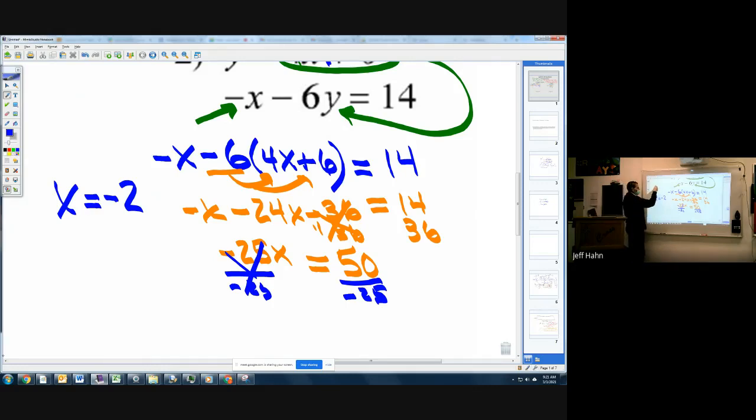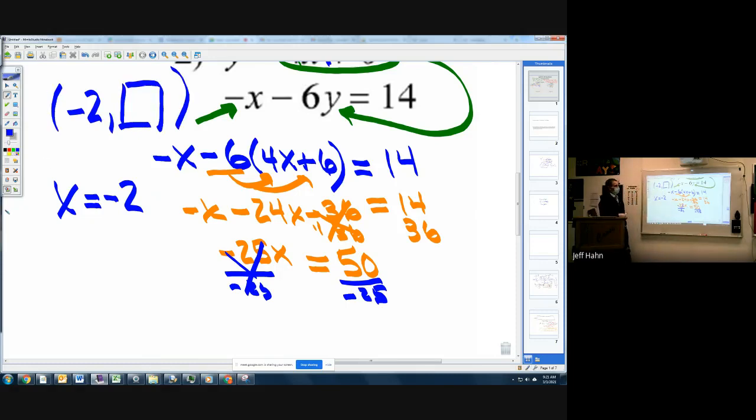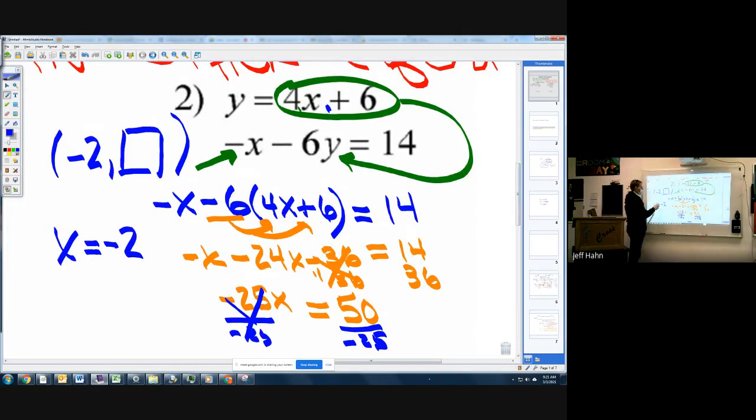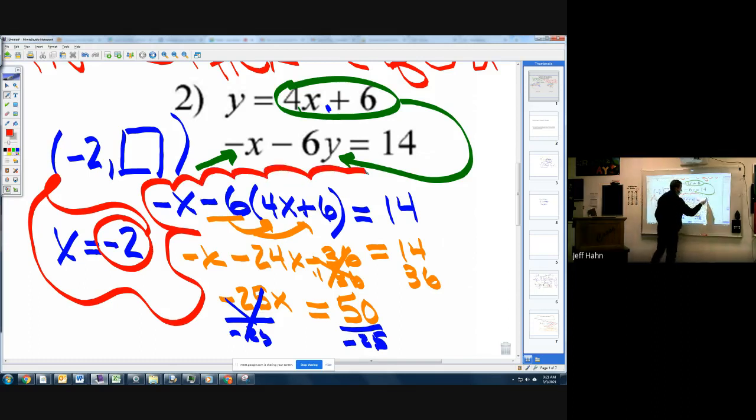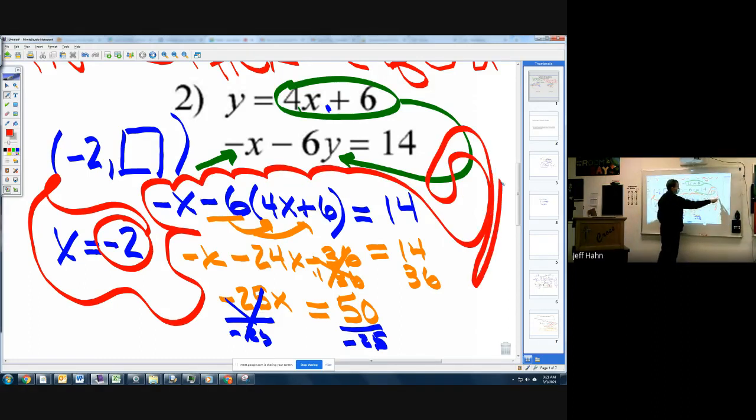I found my x point, but I need to figure out what my y point is because that's what the answer is. How am I going to do that? It doesn't tell me. This is one of those unfortunate ones where you're actually going to have to do a little bit of work to do that. Okay? In order to do this, now that you know what x equals, you have to go back to your original equations and pick, it doesn't matter which one you pick, but you need to put what x equals in for x.